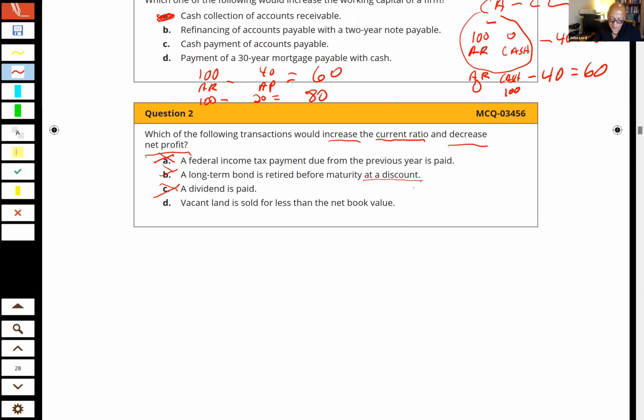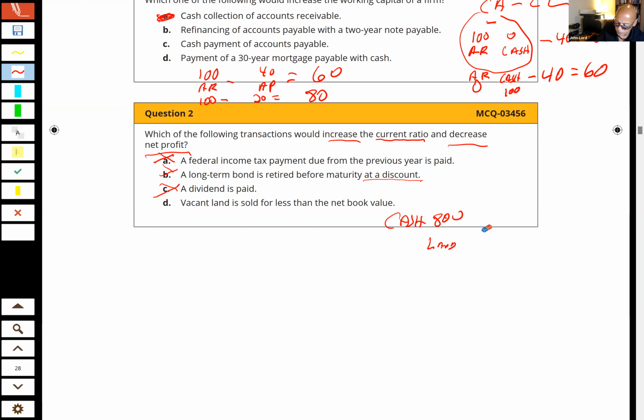Selling vacant land for less than its book value means I'm going to suffer a loss, right? If the book value was 100 and I only sell that thing for 80, the cash is going to come in at 80. I'm going to credit the land for 100 and I'm going to be doing what? I sold the land for less than its book value.